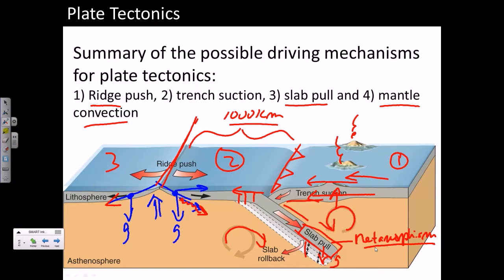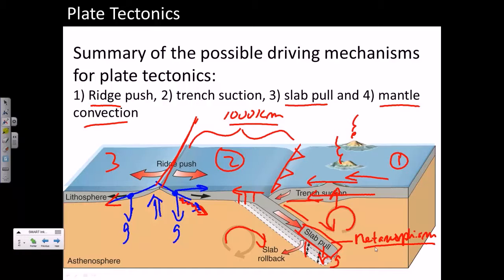Right, so we've got ridge push happening at the ridge. We've got slab pull happening down here at the end of the slab. We have mantle convection, which probably contributes to some degree in moving the plates. And then finally, we have this combination of slab rollback and trench suction. The suction is caused by convection currents created by this downgoing slab, and then the rollback of the slab is caused by its sort of aging, cooling slab.